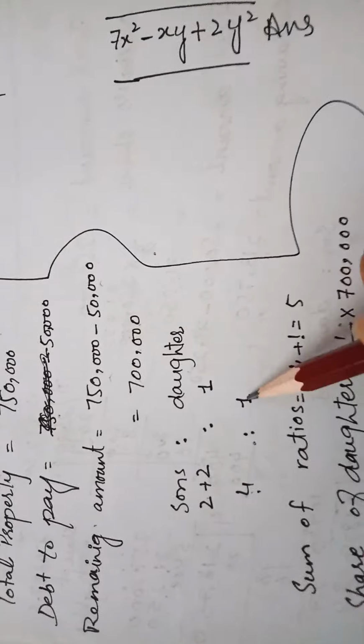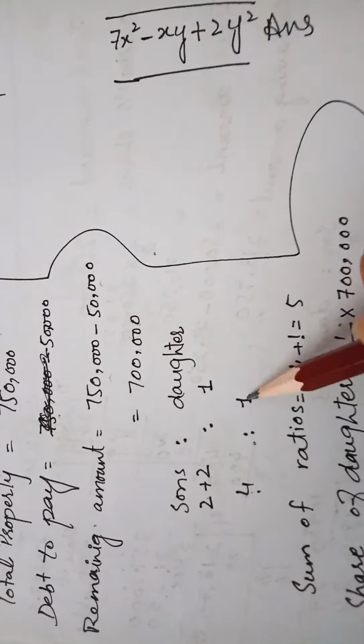First you have to find the sum of ratios like this, and then the share of daughter is 1/5: 1 divided by the sum of ratios multiplied by the total amount. The share of sons is their share divided by the sum of ratios multiplied by the amount, that is 700,000. That will be obtained after cancellation.